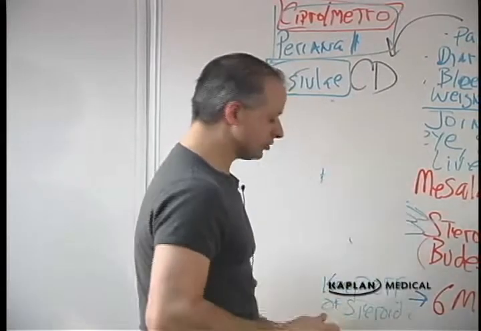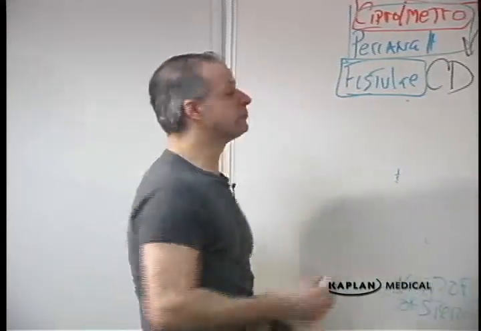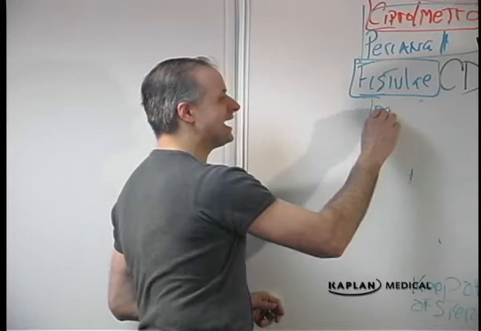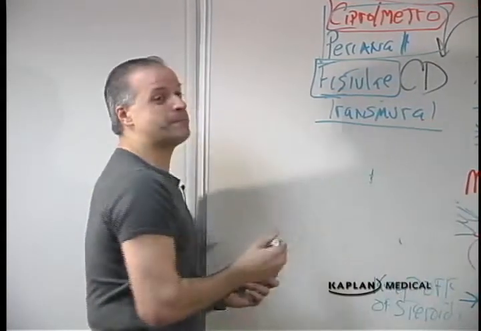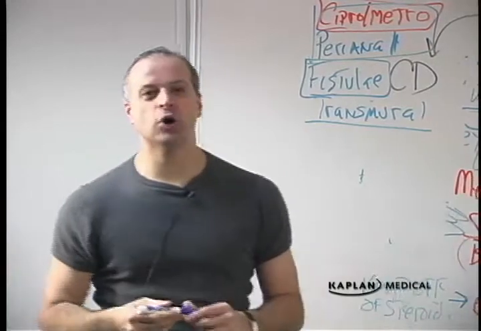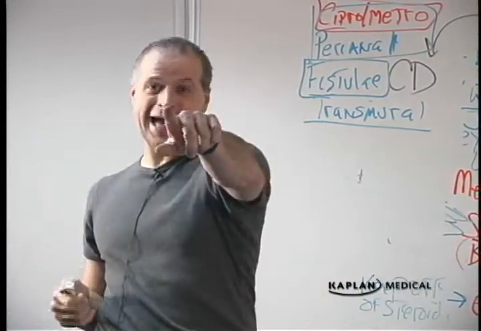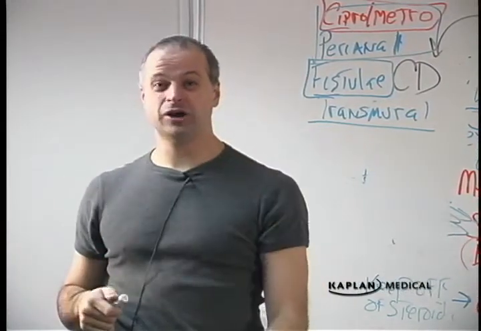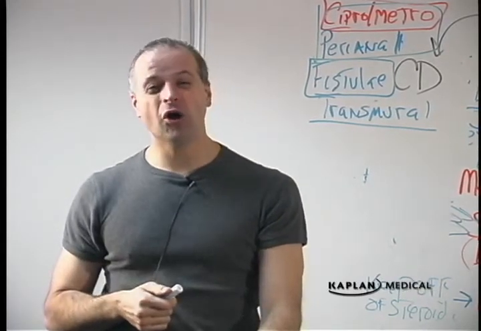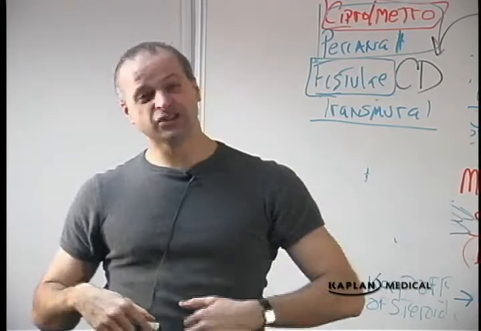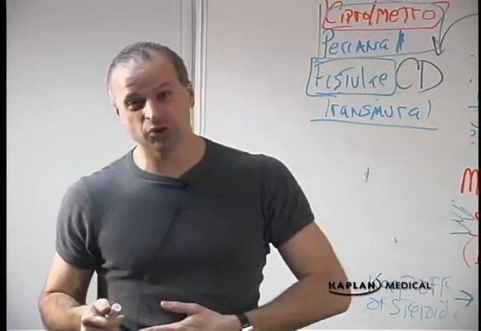And since Crohn's is a transmural disease, it goes through the wall of the bowel and can poke a hole from your bowel into your bladder. Ooh, how attractive. Can poke a hole from your bowel right through your anterior abdominal wall.